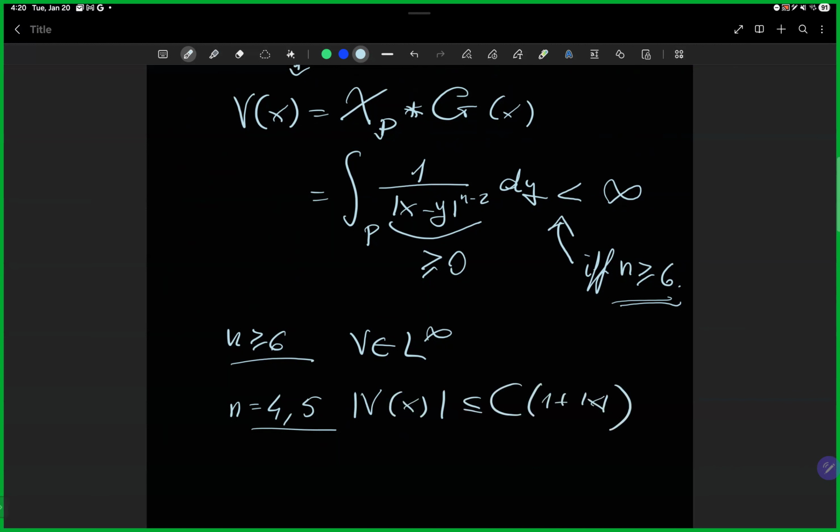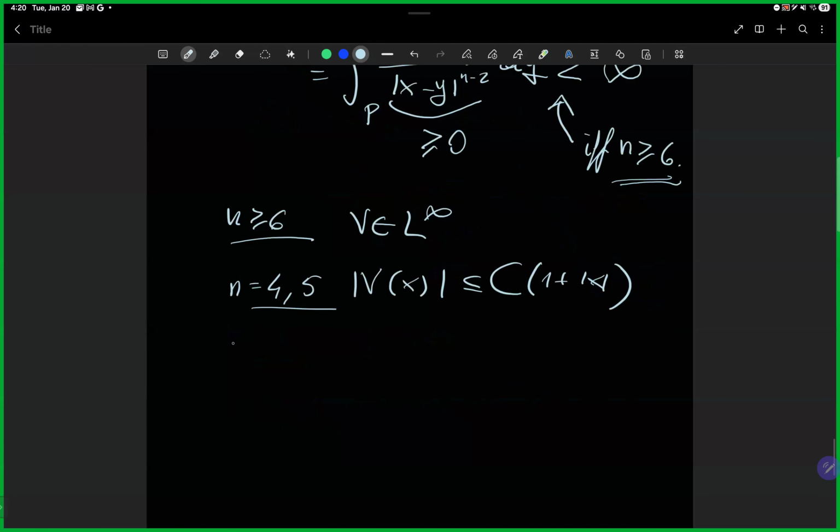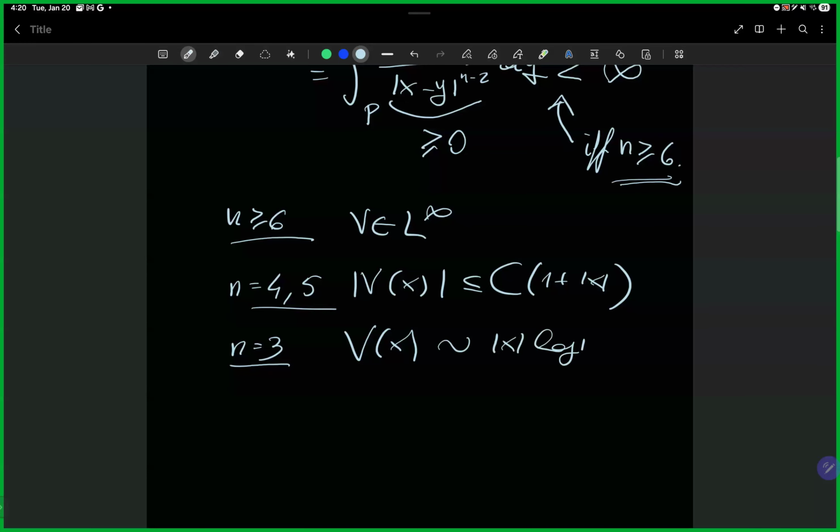So you find a solution which is not bounded, but has almost linear growth. And then if you're in dimension 3, v at infinity will behave like |x| log |x| for x large. So there is some logarithmic divergence at infinity, and that's what creates extra complication in the analysis.